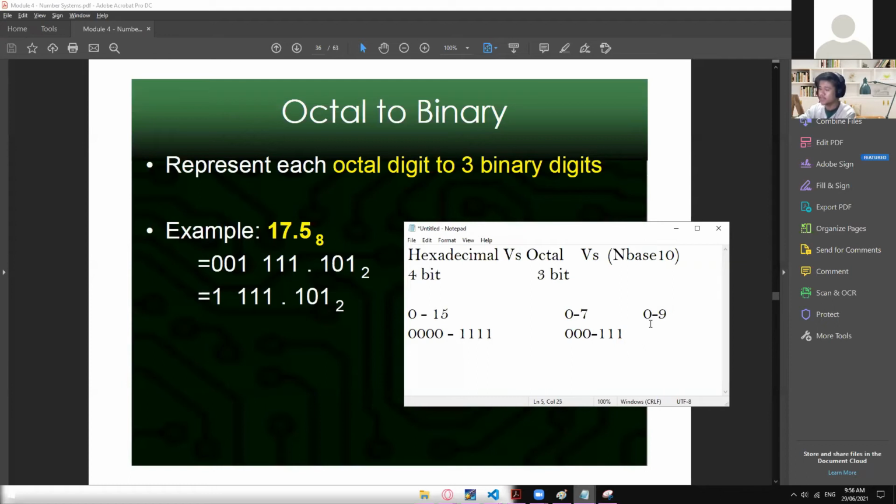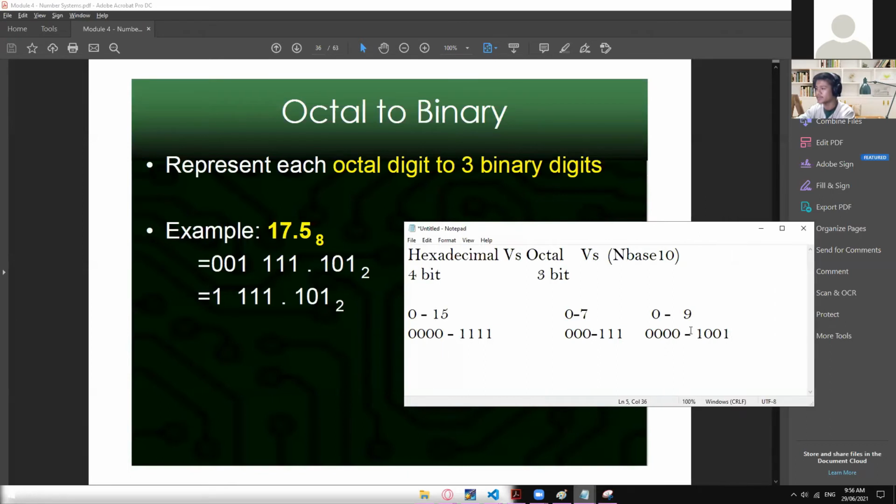So in here you need 4 bits, because we need to represent this 9 using 4 bits. So 8 and then 1, so it's 1, 0, 0, 1. Unlike in octal, you only need up to 3 bits.